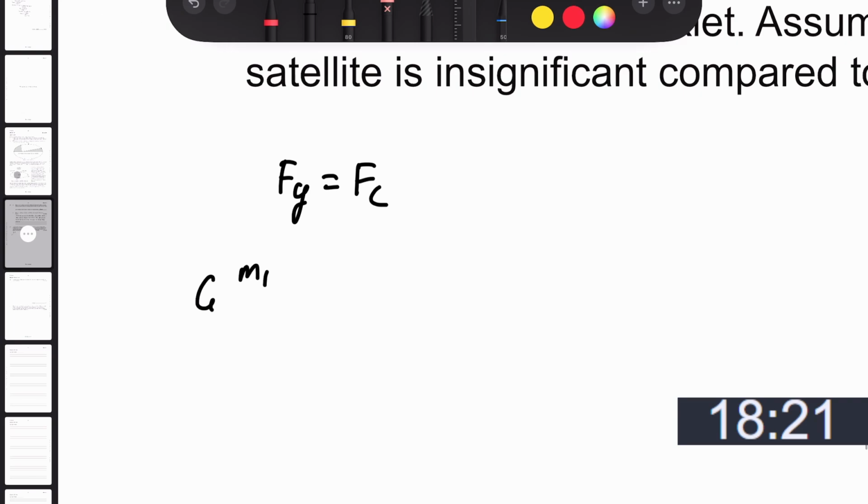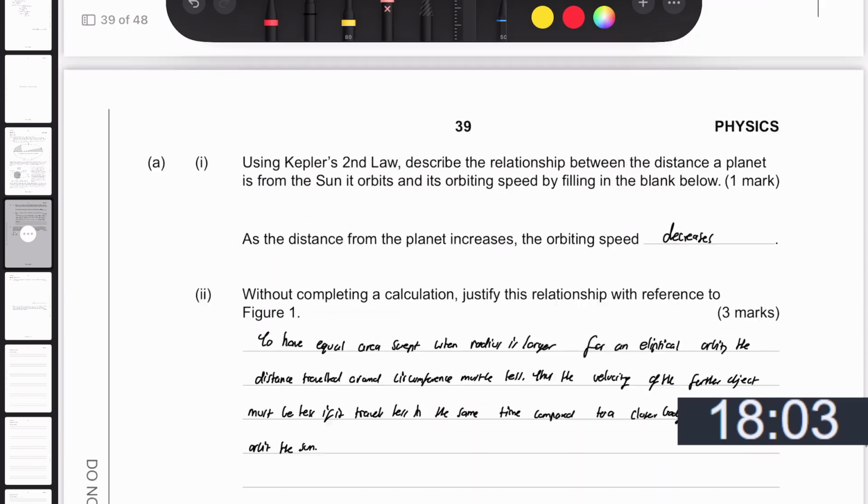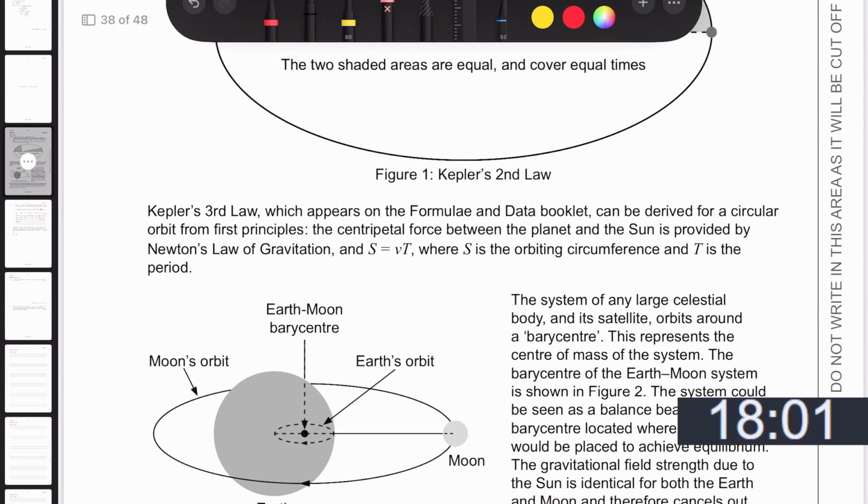We have G m1 m2 over R squared, it's going to be mv squared over R. What is this S equals vt?